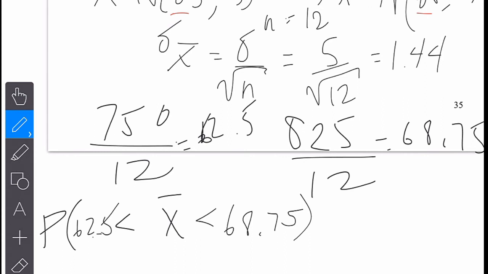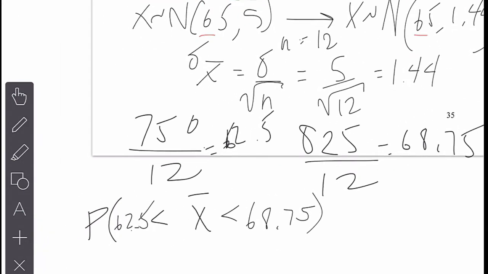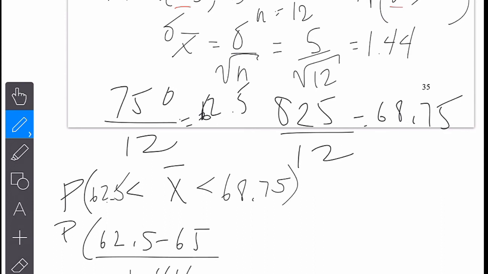To answer it, again, it's a matter of standardizing. I'm going to subtract the mean and divide by the standard deviation, the new standard deviation, and that turns it into a z.